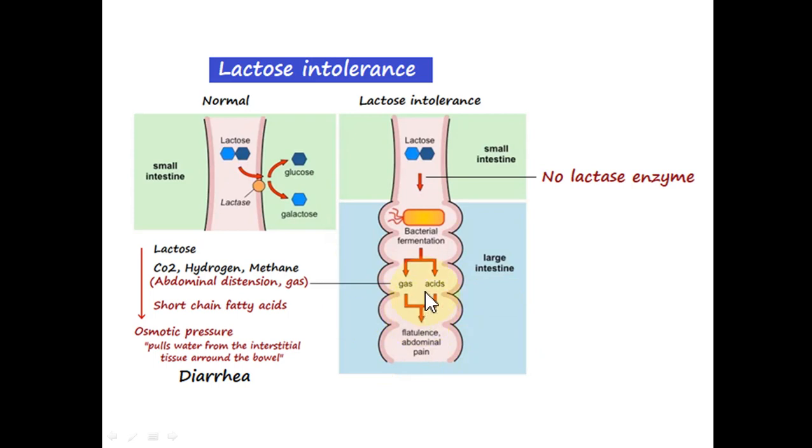This higher osmotic pressure will pull water from the interstitial tissue into the large intestine, and this will result in diarrhea that is known as osmotic diarrhea. We divide diarrhea into secretory diarrhea, exudative diarrhea, osmotic diarrhea, and malabsorptive diarrhea. So here, what type of diarrhea occurs? Osmotic diarrhea occurs.